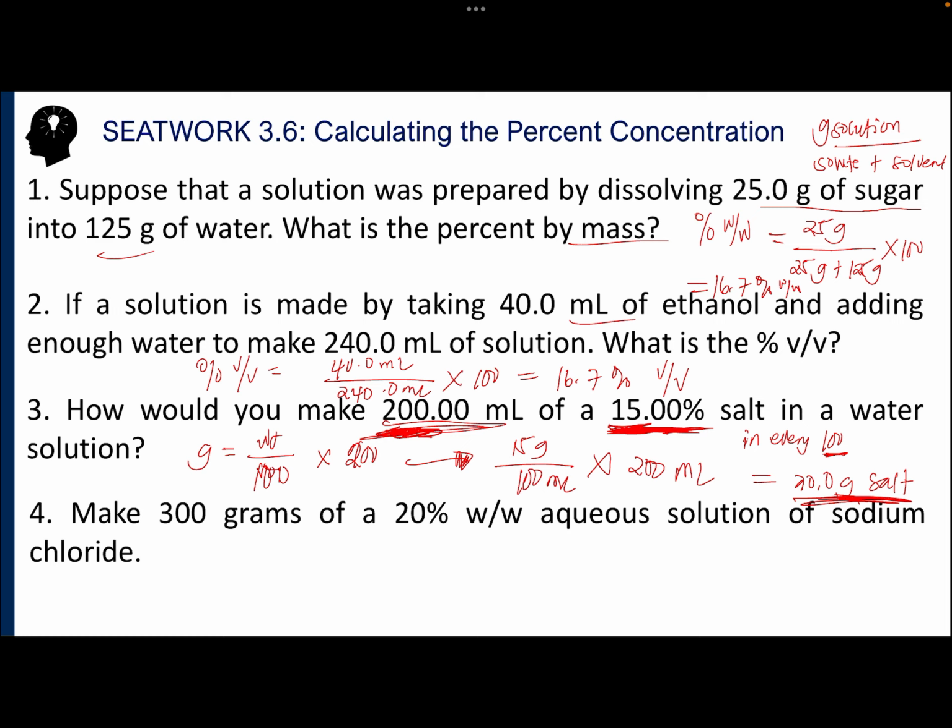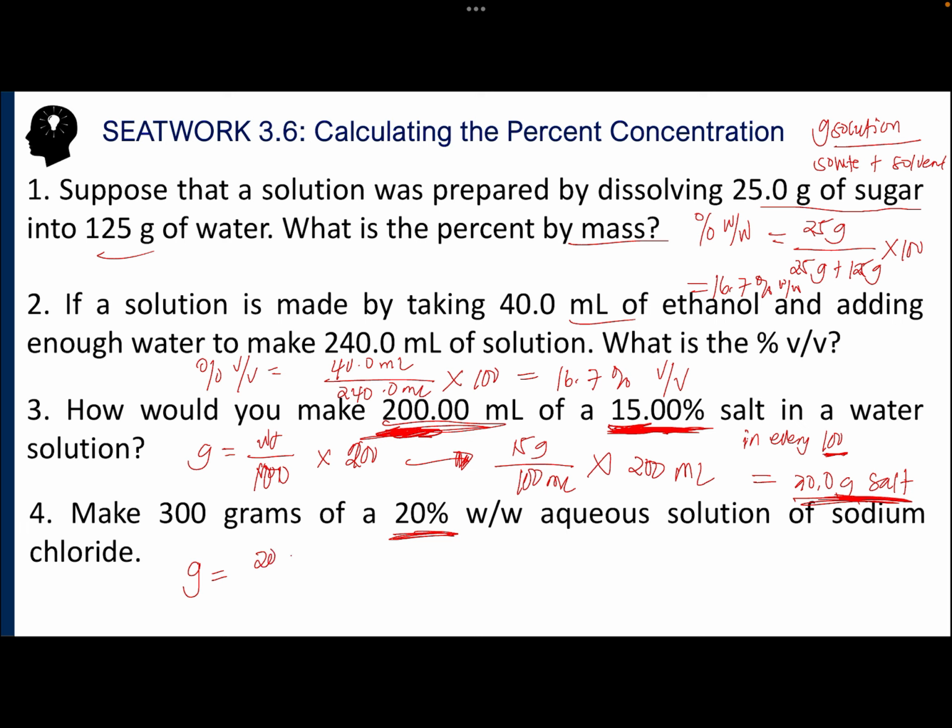Okay, let us have number 4. Make 300 grams of 20% weight for weight aqueous solution of sodium chloride. To solve this one, we will calculate how much salt we need to make a 20% weight for weight solution.